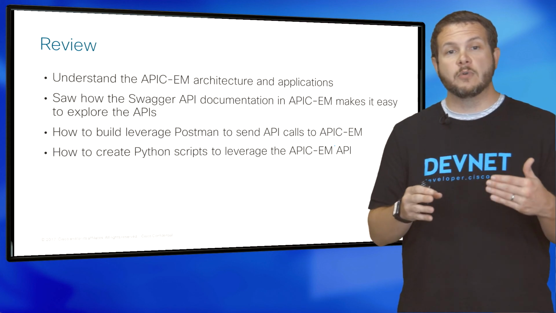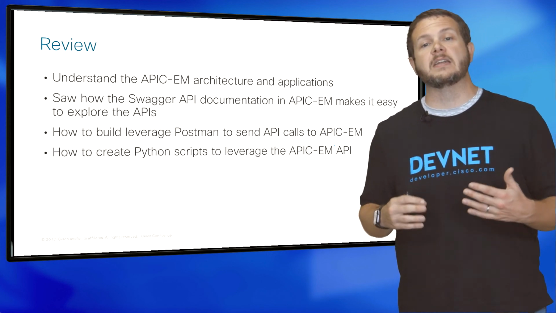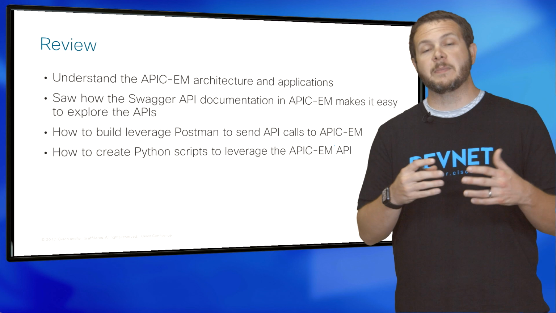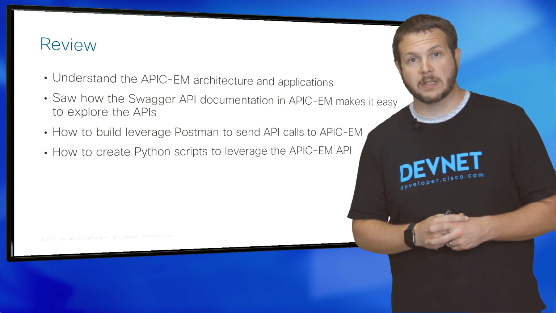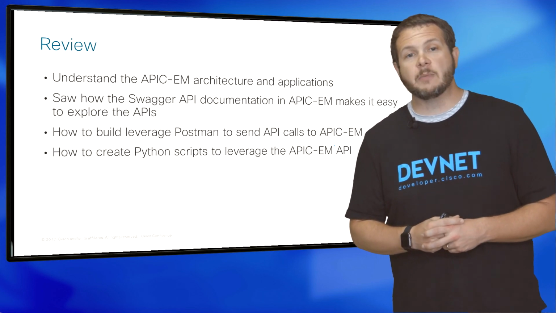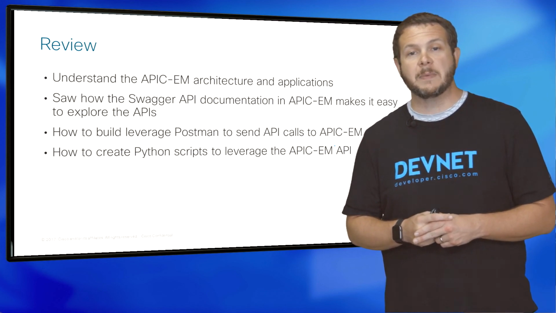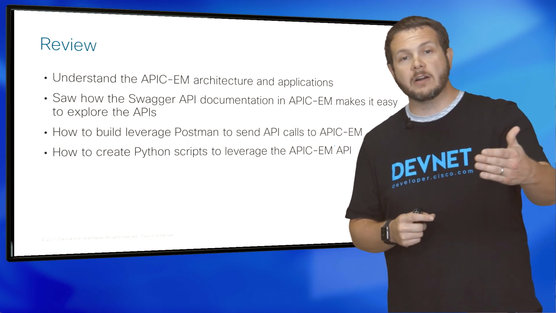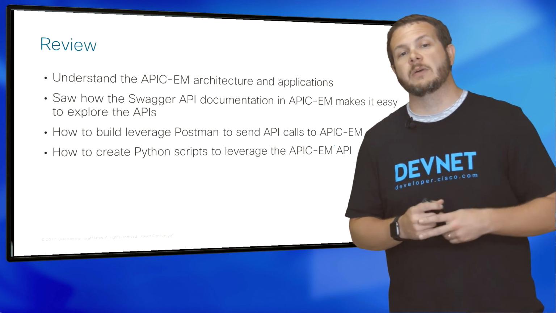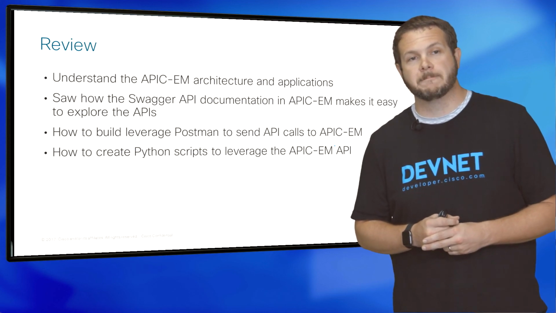We looked at how we can then move off from Swagger to Postman to send the API calls to APIC-EM and verify that they're working successfully as expected. And then we ended by creating an entire Python script that uses the APIC-EM APIs to log in as well as retrieve and print out the network device list that's there.